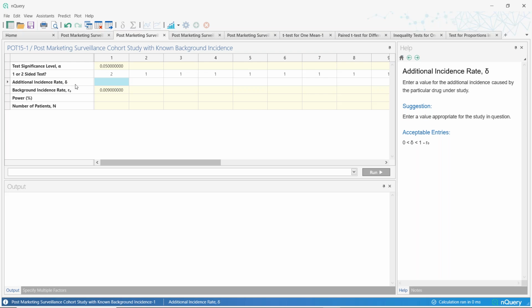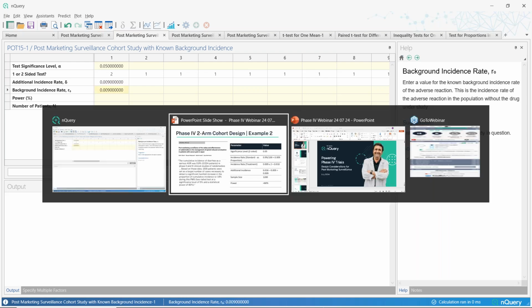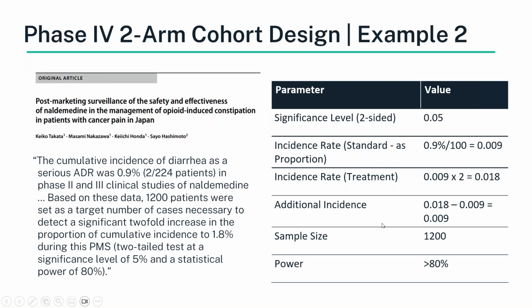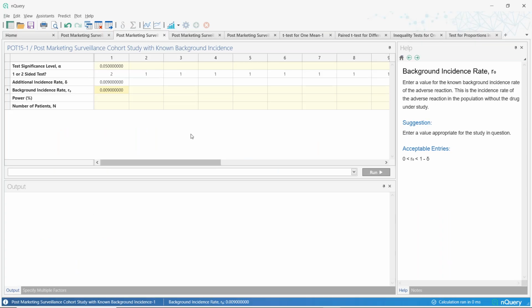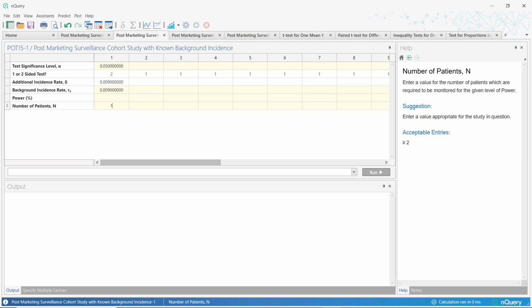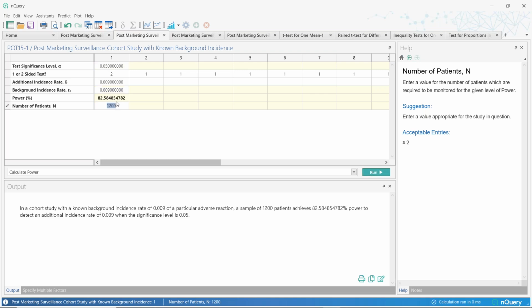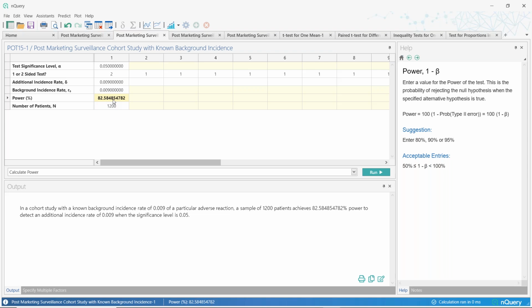So basically, the higher one minus the baseline rate is 0.009. I give the calculation here in the table on the right, if you're interested. And we then set the number of patients to 1200. And you can see that we get a power that's a bit above 80% here.